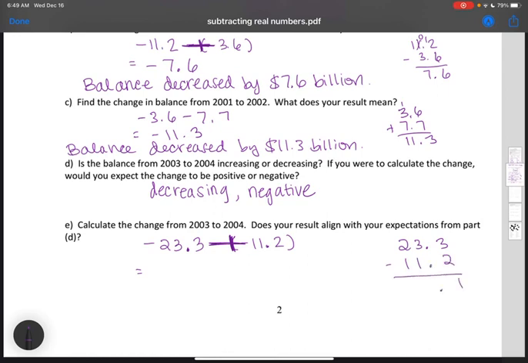So I have 12.1. So negative 23, that's a big negative, plus getting a little bit more, right? So we're adding 11, so it's not going to be quite as negative, but we do know it's still negative, a negative 12.1. And that looks like it did align with what we thought. It was decreasing, so it was a negative number.